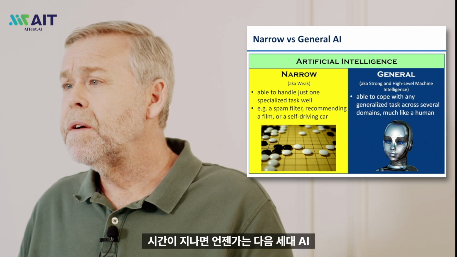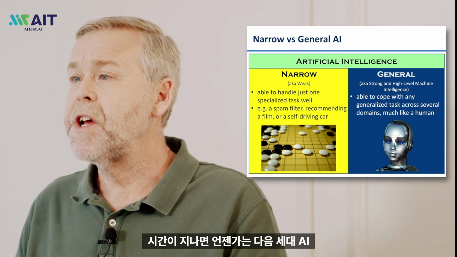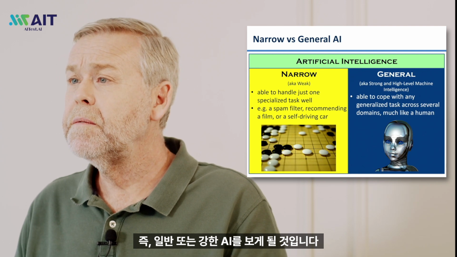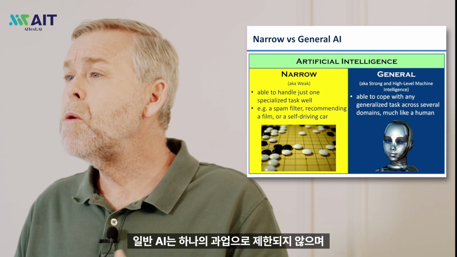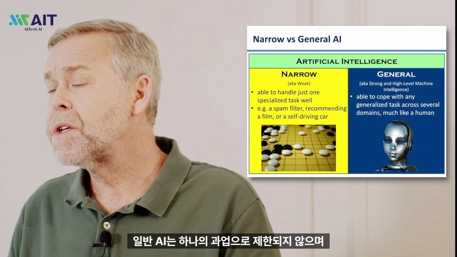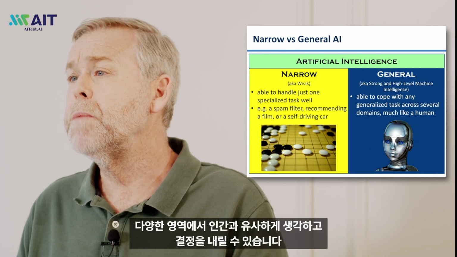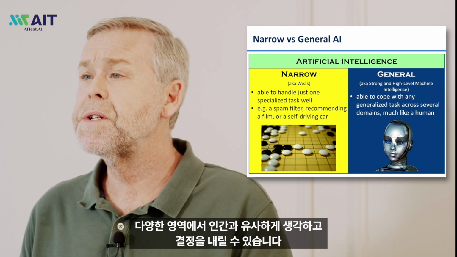Sometime in the future, we can expect to see the next generation of AI, known as general or strong AI. General AI will not be constrained to a single task, but will be able to reason and make decisions equivalent to a human across a whole range of domains.